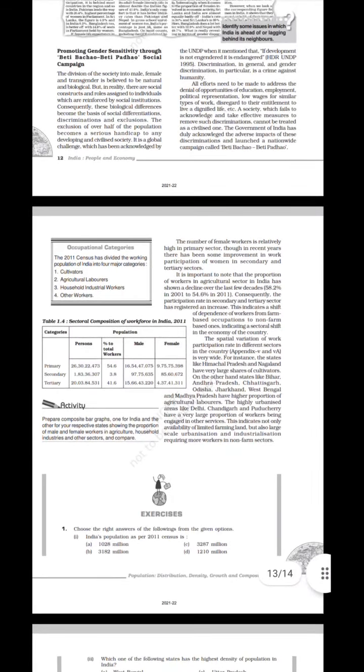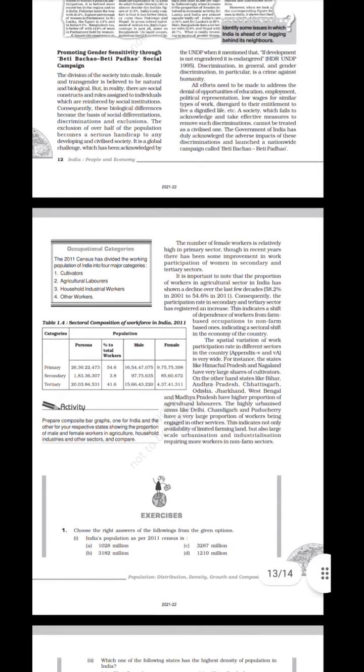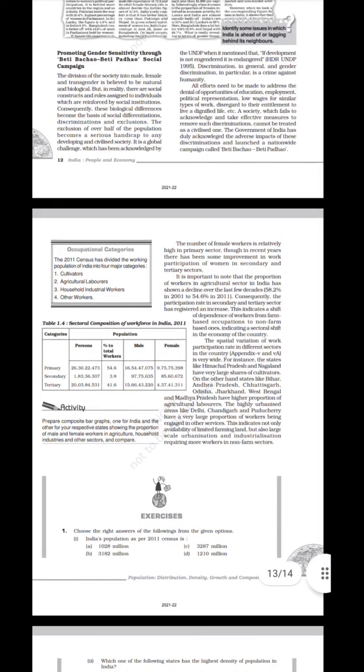Occupational categories. The 2011 census had divided the working population of India into four major categories: cultivators, agricultural laborers, household industrial workers, and other workers. Take a look at Table 1.4, Sectoral Composition of Workforce in India, 2011.